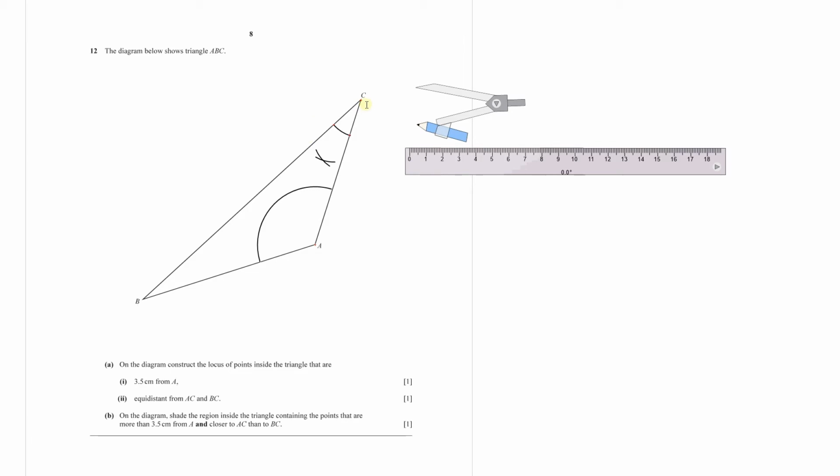That point will be on the angle bisector of angle BCA. So now what you have to do is simply connect the point at C and this point with a straight line. So what I'll do here is create a straight line.